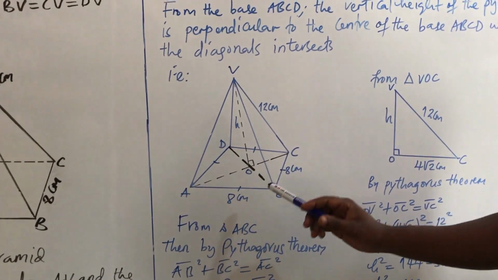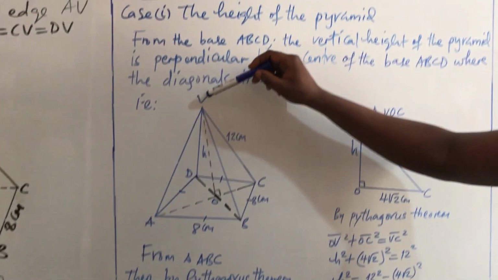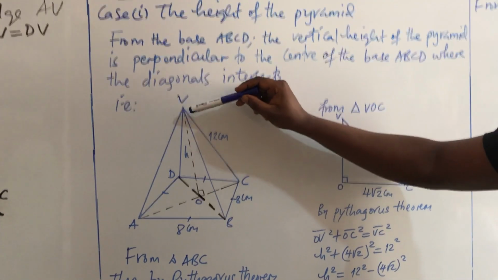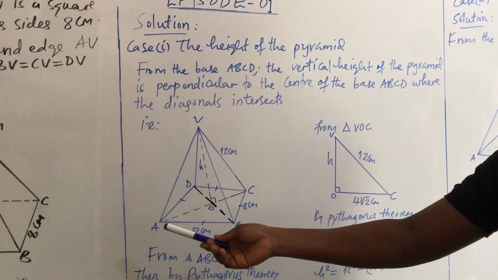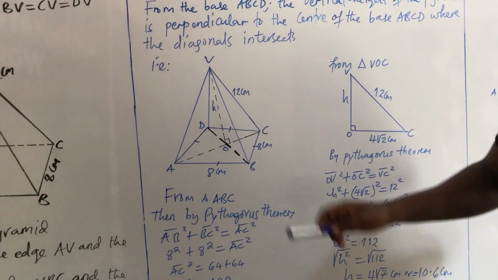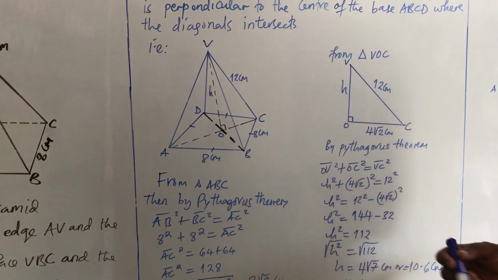Where the 2 diagonals intersect is the center of the base. From the vertex V, we draw a perpendicular line VO. So VO is perpendicular to the center of the base O, and VO is the height or altitude of the pyramid.